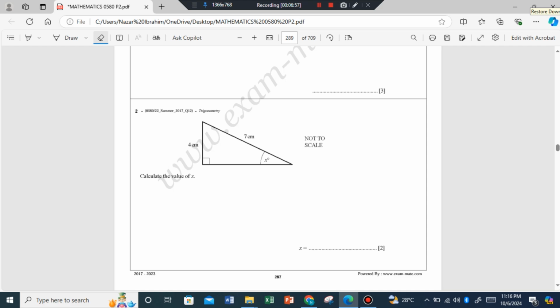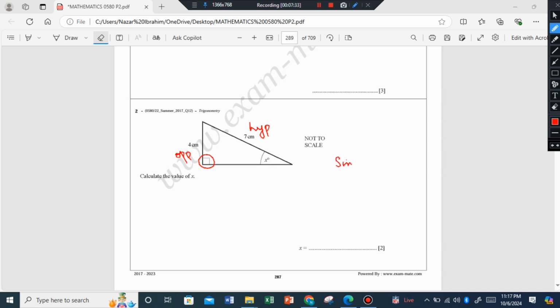In question number 2, you can see I am having a right angled triangle, as a 90-degree symbol is over here. I have two sides: the side opposite the angle, which is opposite, and the side opposite 90-degree, which is hypotenuse. Since opposite and hypotenuse are known to me, I will again apply sine.